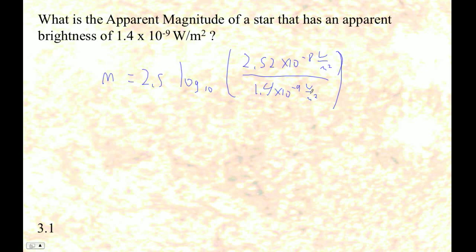I've got it all typed in here, so I'm going to go 1.4 e to the minus 9. Then I got to hit delete, and I get 3.1338, which would be 3.1 with a couple sig figs. Do I have any more? Oh, there we go. What's the apparent brightness?